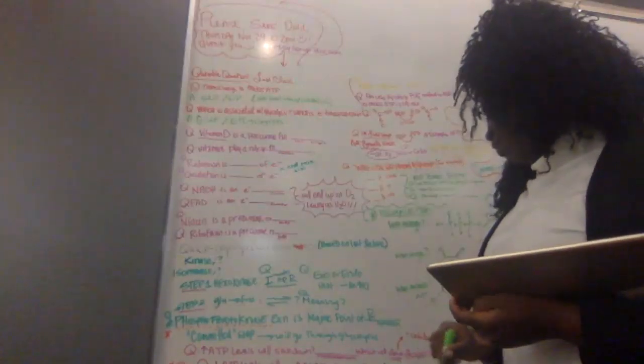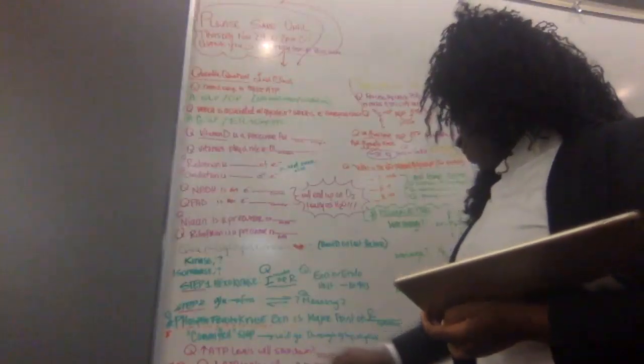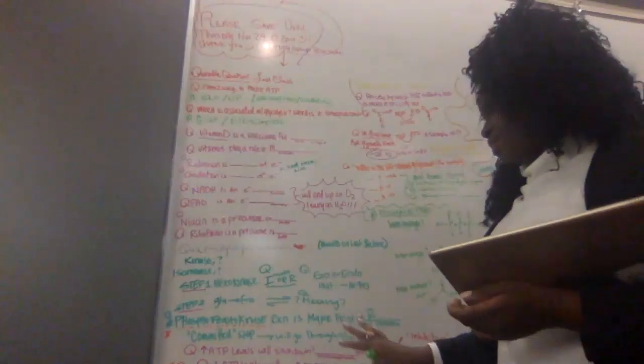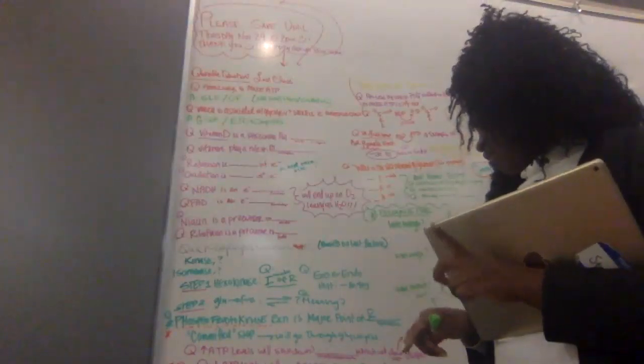Do I have that right? Yeah, low levels of ATP is inverse with high levels of ADP. So I think the most important thing to understand here is that there's an inverse relationship between ATP and ADP.